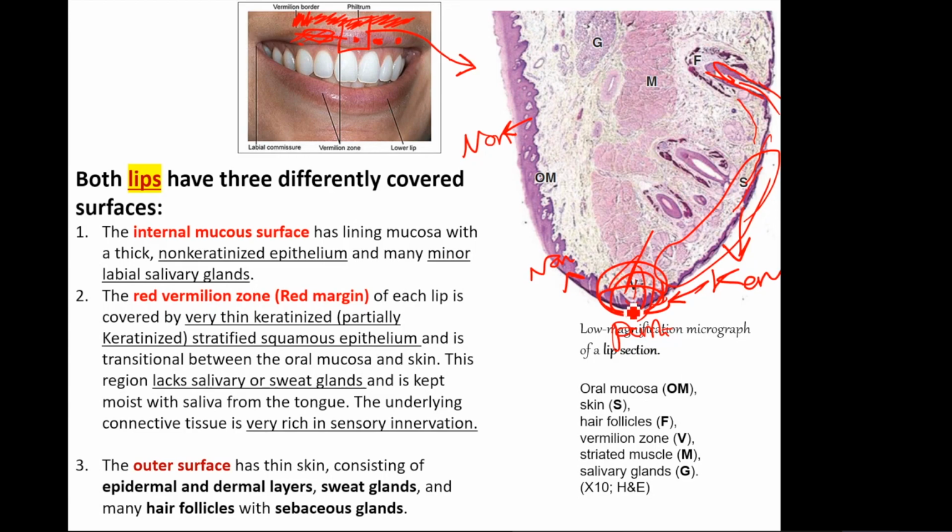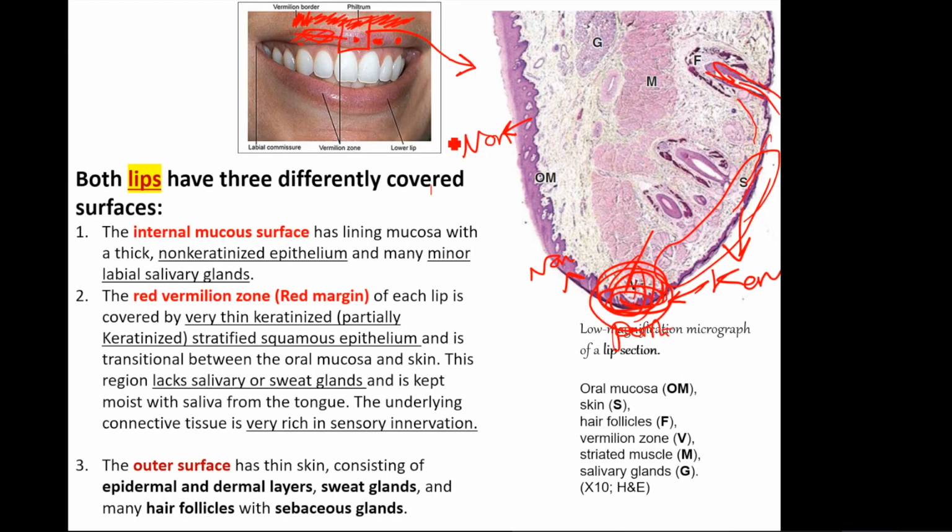And of course, I don't think you ever see your lip margin sweating or find oily substances or secretions there, because this region is devoid of sweat glands, sebaceous glands, and even hair follicles.